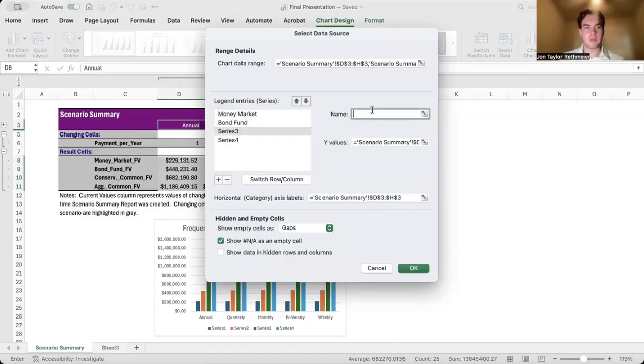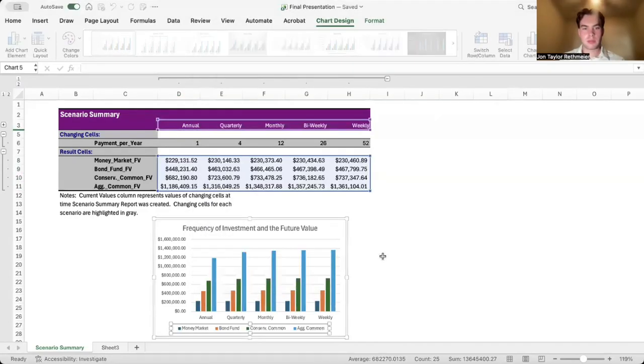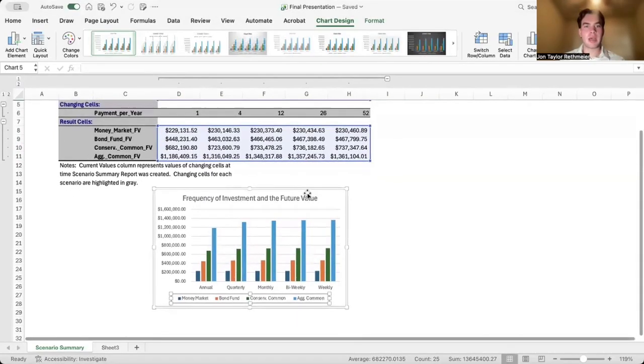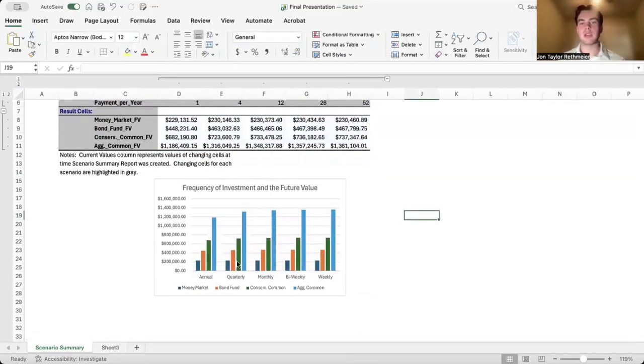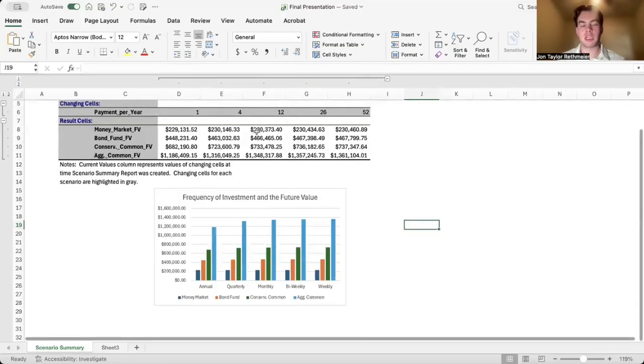Then conservative common, and then this. All right. And here we have our chart that highlights the increase over time for each of the periodic rates.